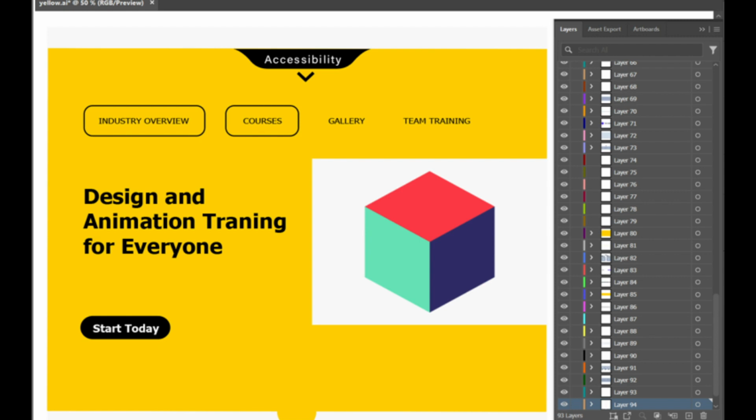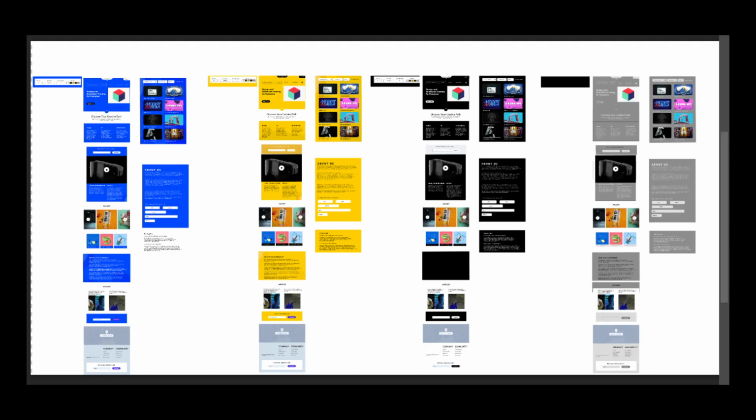There are four variants that I made. The black one is for the high contrast problem, for low vision people who cannot see clearly, and the yellow and blue one is for colorblind people, for whom it is very difficult to differentiate between blue and yellow.